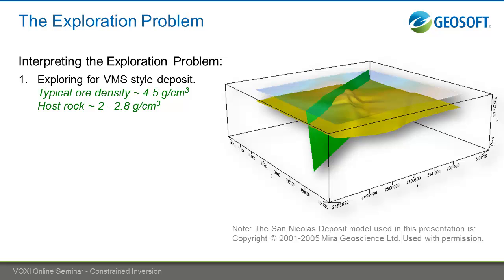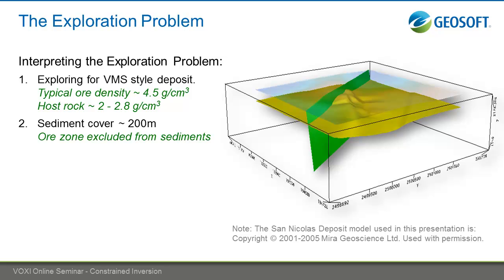So this is a situation where the potential ore density is much greater than the surrounding host rock. We've got sediment cover about 200 meters, and I'm arguing geologically that any ore zone should be excluded from those sediments. What I'm showing you here on the right-hand side of this slide is, on top, a bluish hue that represents the surface of the property, and I've got a horizontal yellow gold layer shown in the model.